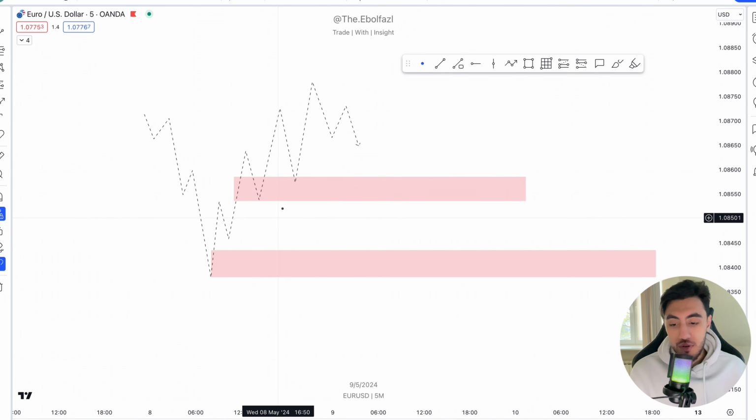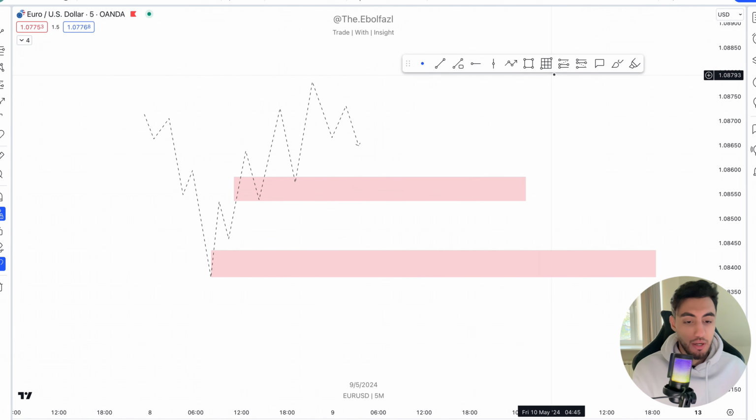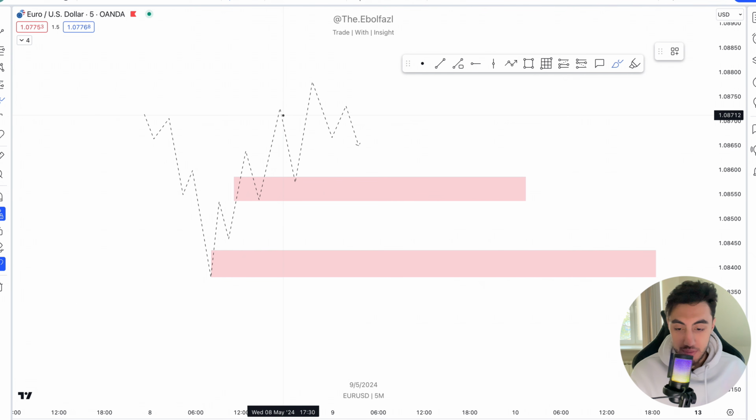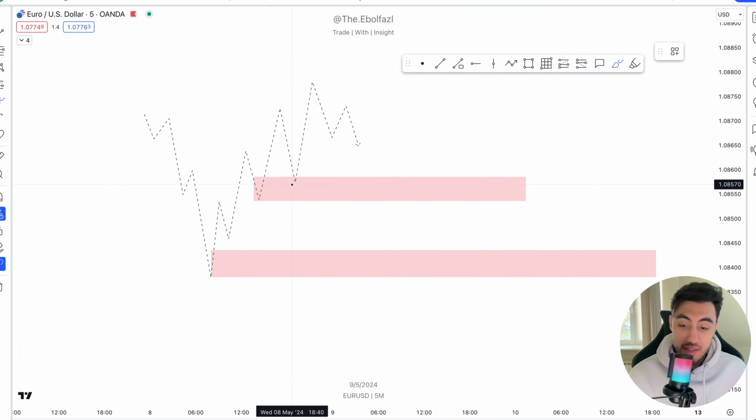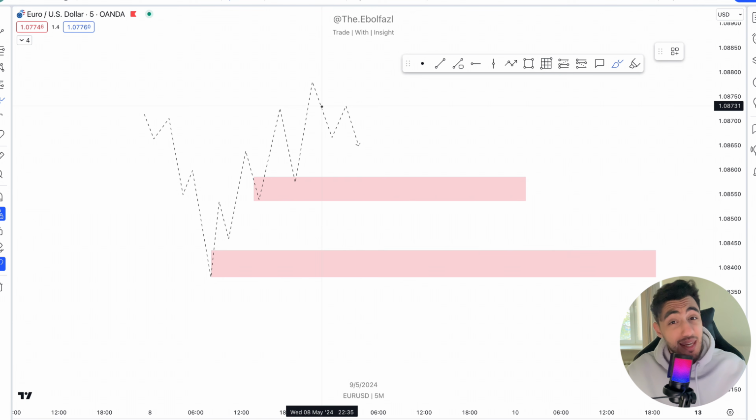The valid POI, the POI that we can expect a reaction from, must be unmitigated. So for example, if we have a POI here and after a movement we have, for example, an order block here, that we are also going to talk about in valid order blocks. If price comes here, taps this POI and goes up, this is not unmitigated anymore. Price already took the orders and started to move up. So don't waste your time on mitigated POIs.